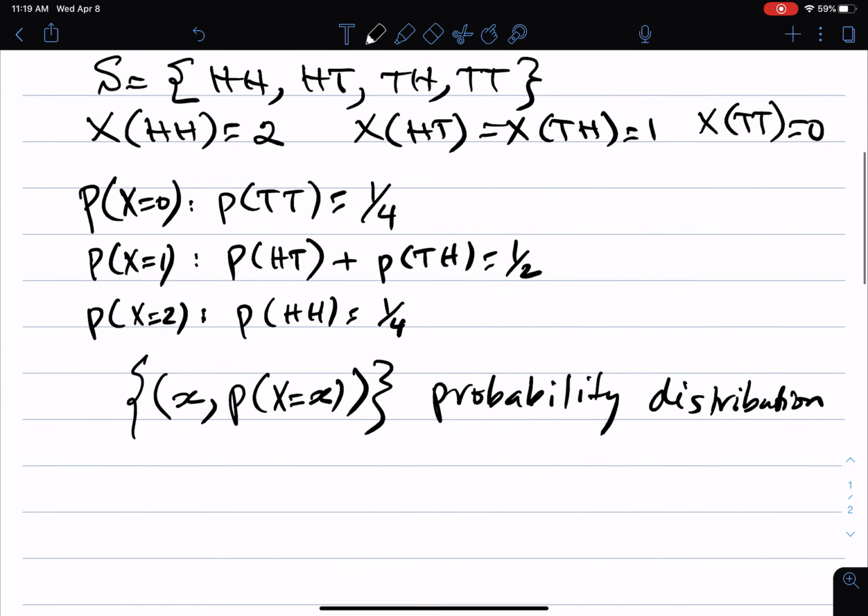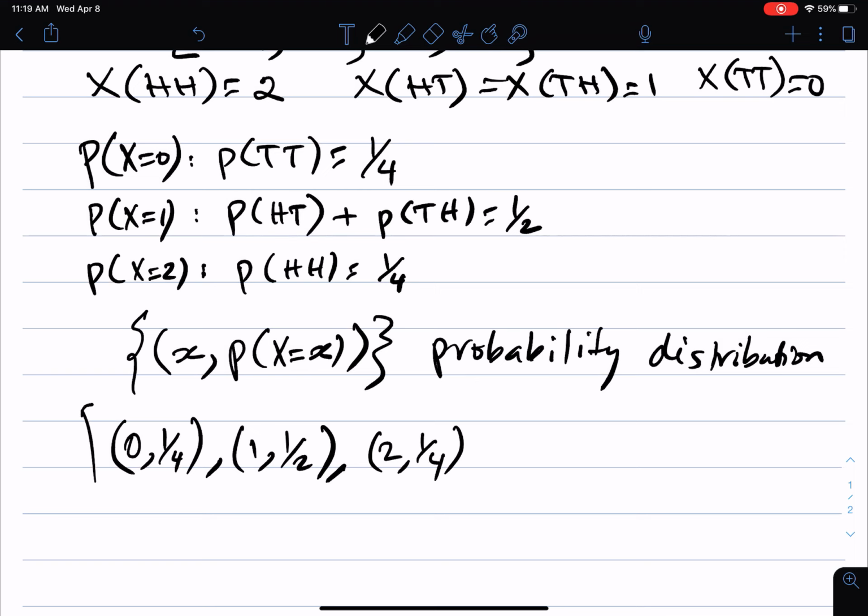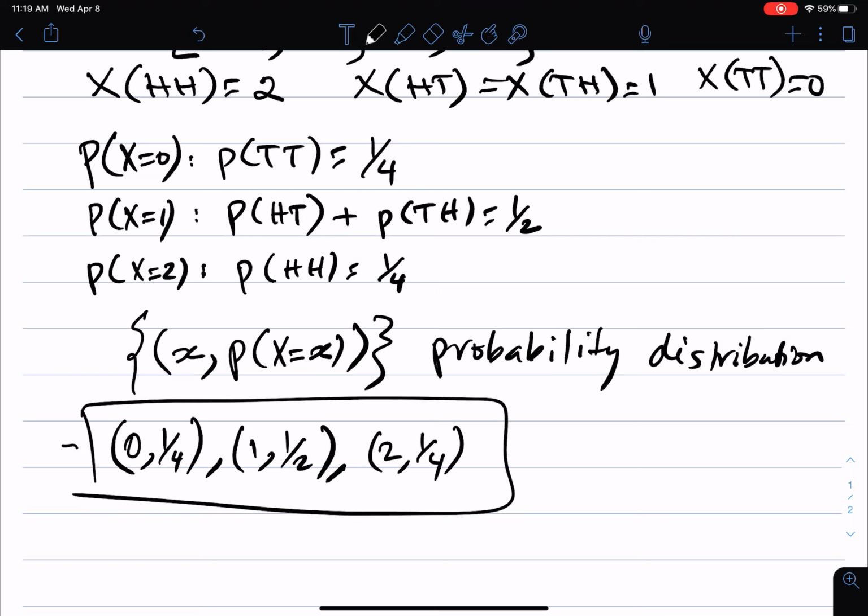In the case of this experiment of tossing the coin twice, the probability of 0 is 1/4, the probability of 1 is 1/2, and the probability of 2 is 1/4. So this is the probability distribution for this random variable that counts the number of times we see heads.